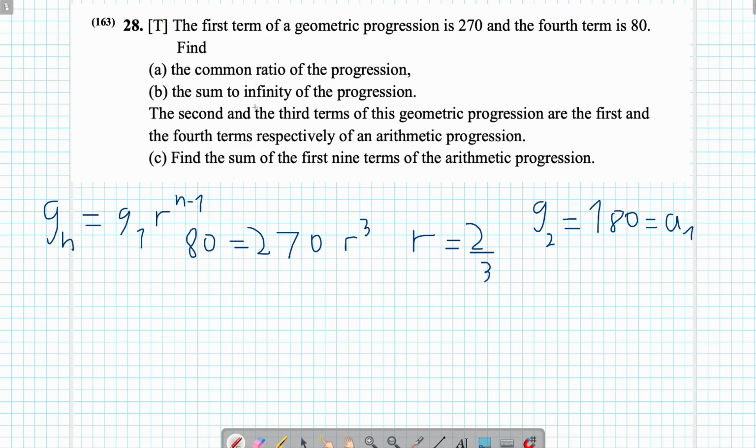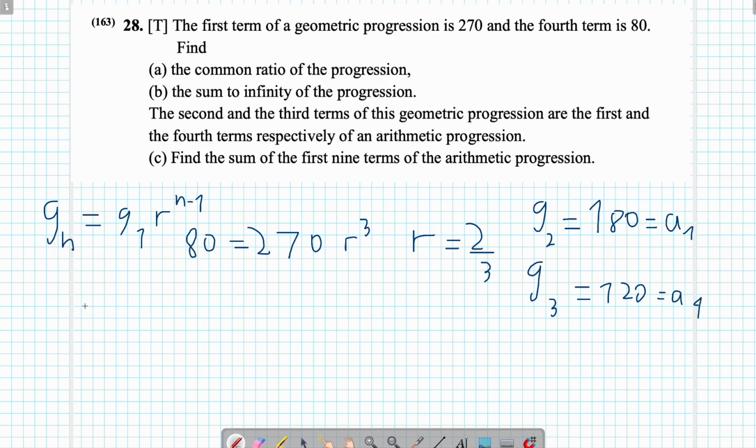And then the third term, G3 would be 180 times 2 over 3, which is 120, which is equal to A4.